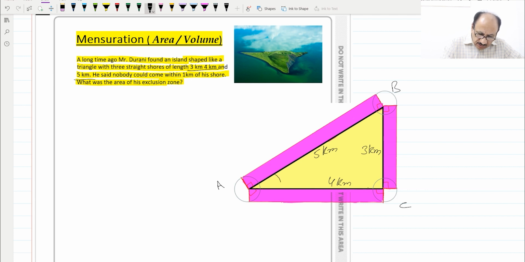For example, this angle of the triangle we need to find, and we can use the cosine rule to find this angle. The cosine rule will use the opposite side, which is BC.